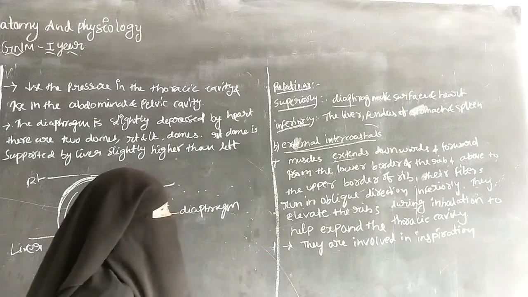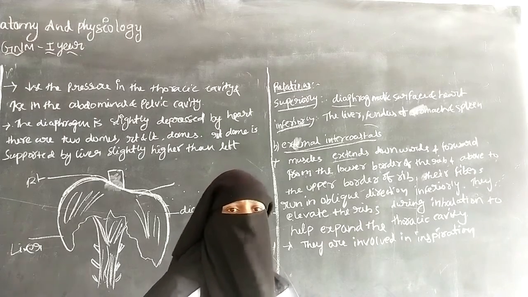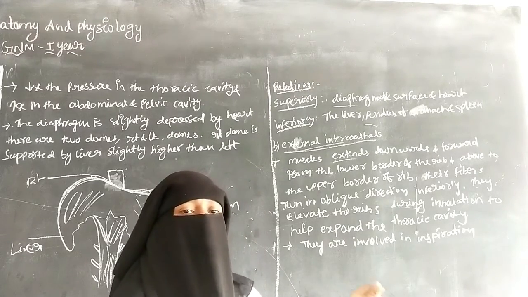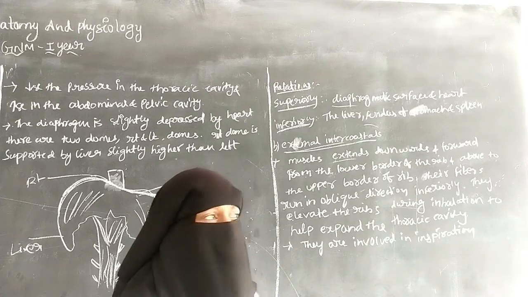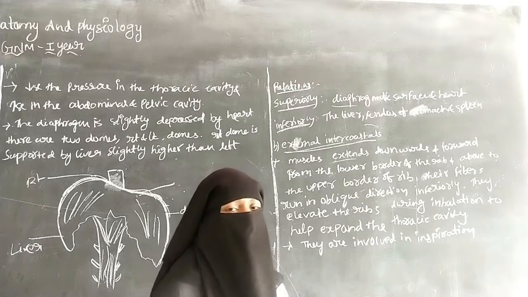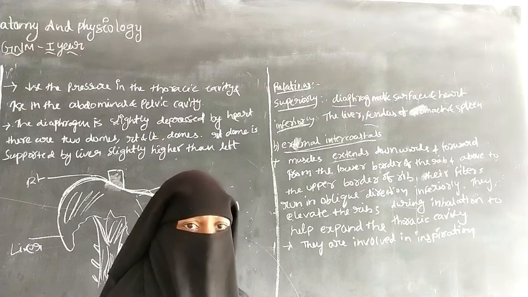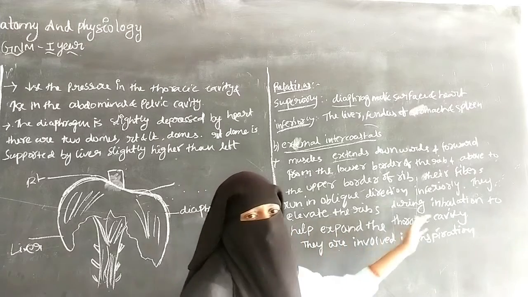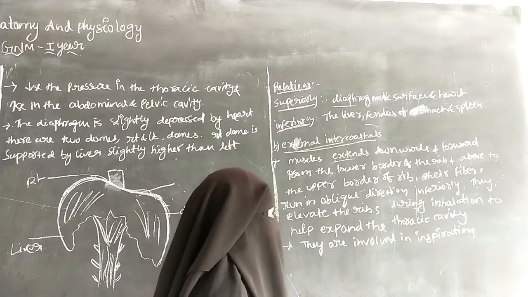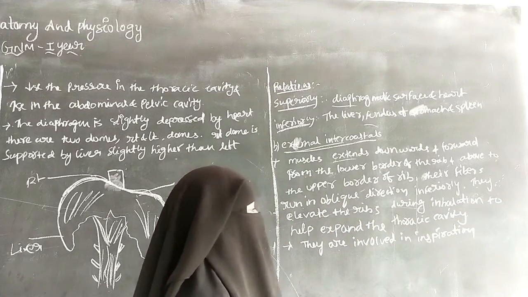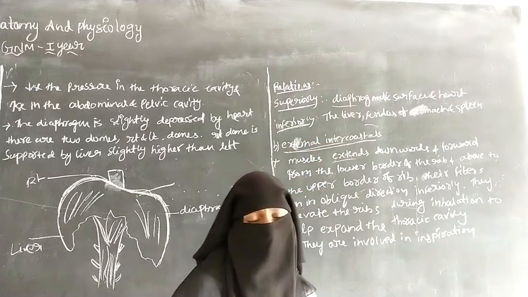Because of this elevation of the ribs, there is an expansion of the thoracic cavity during inhalation, helped by the external intercostal muscles.